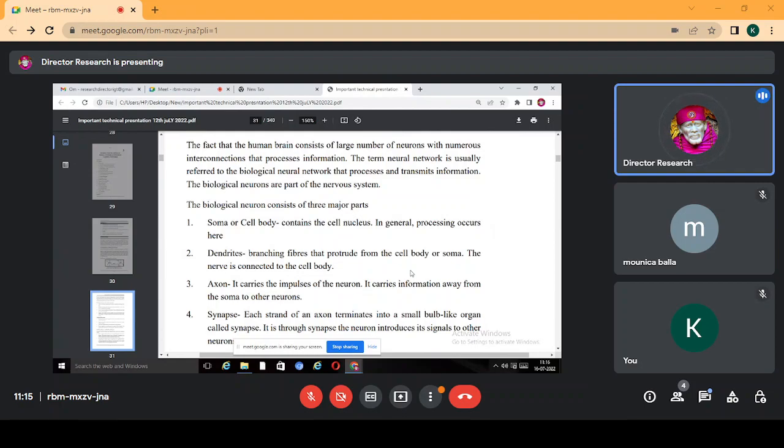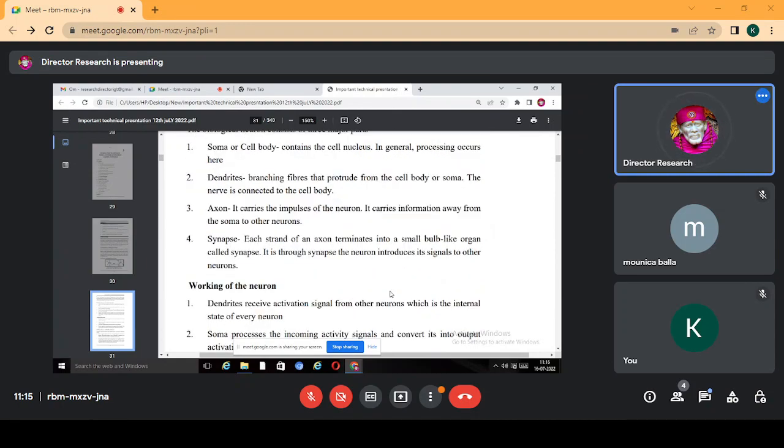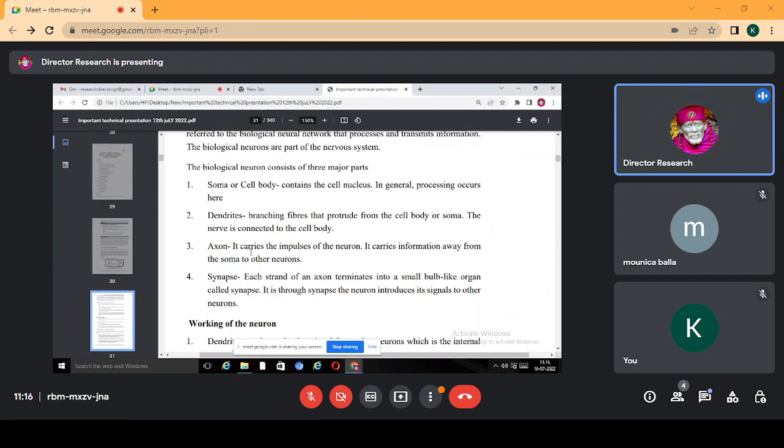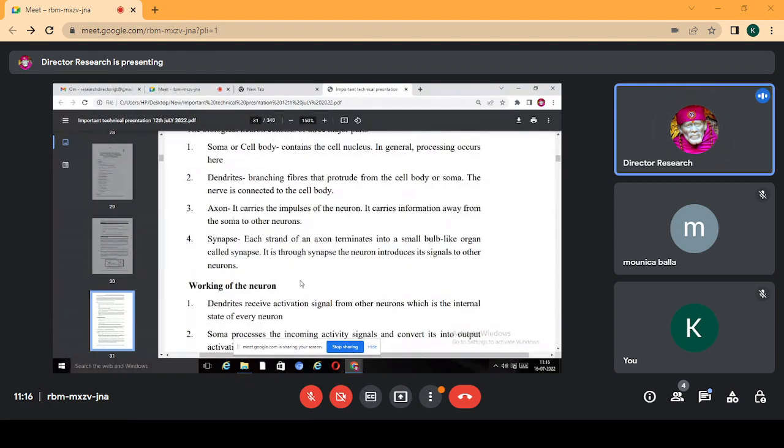Axon carries the impulses of the neuron. It carries information away from the soma to the other neurons. Synapse: each strand of axon terminates into a small bulb-like organ called synapse. Through the synapse the neuron introduces signals to other neurons. Okay, so soma, dendrites, axon, synapse.